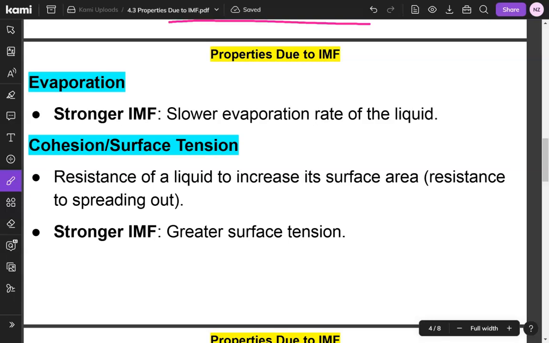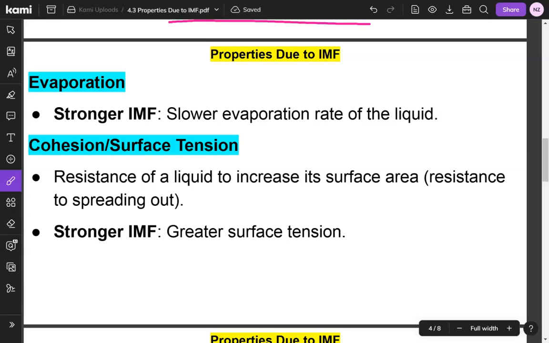The last property that we're going to talk about is cohesion or surface tension. So this one, perhaps you've seen before if you've ever held a container of vegetable oil, or motor oil is another great one. Both of those liquids are very viscous. They move very slowly.